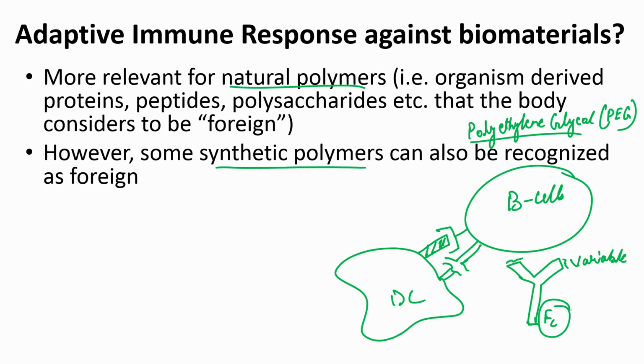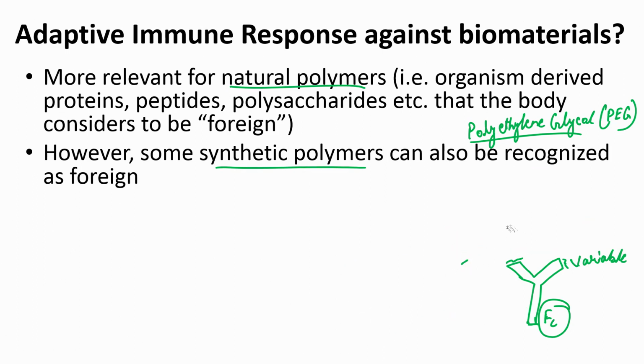So once it binds to your material or a polymer, it is going to keep on attracting more immune cells. If it is small enough, then the immune cell is going to engulf it and degrade it. If it is large, then the immune cells are going to come to the site and try to wall it off. So all those responses will start to happen. So synthetic polymers can also be a candidate to cause adaptive immune response to happen.